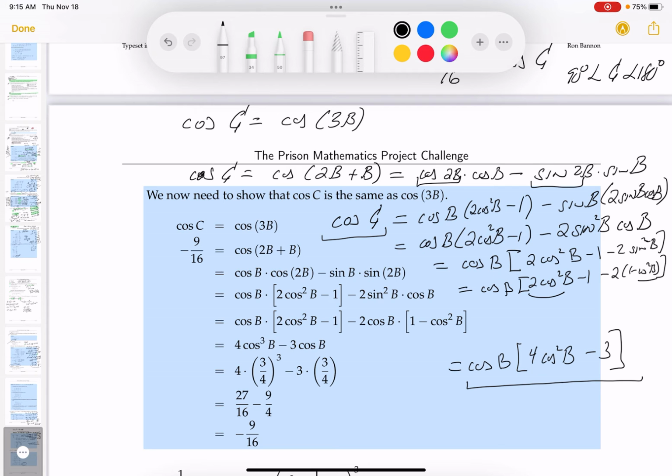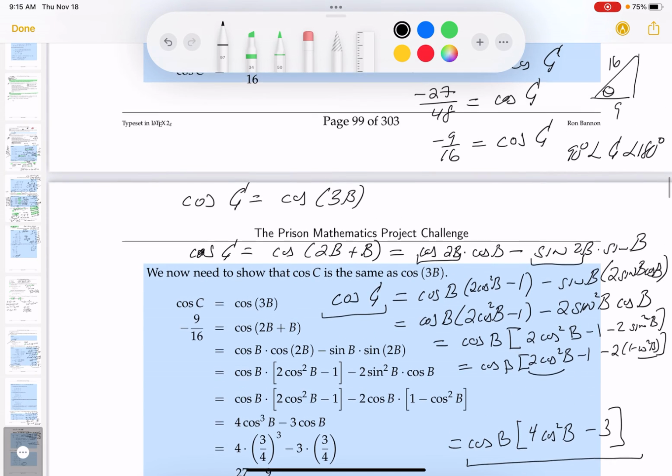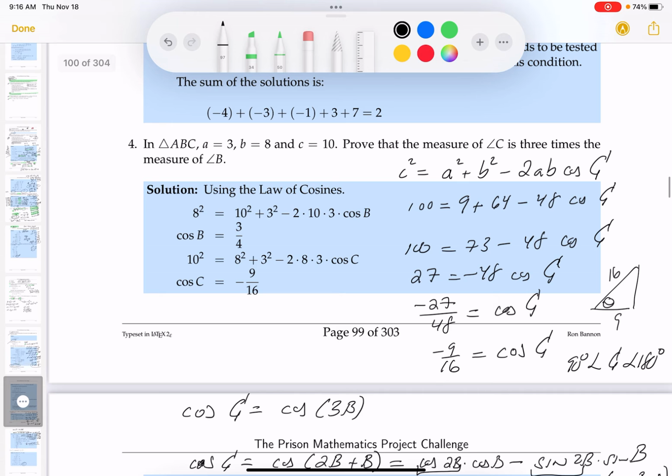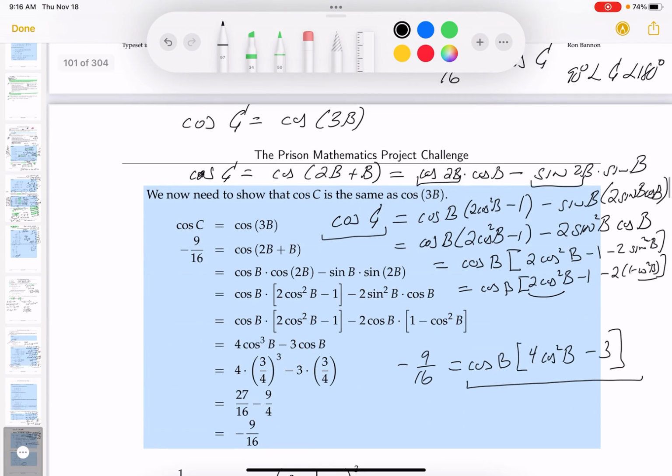And I got to do it. So do I know what cosine c is? I think we did that before, minus 9/16, right? But I didn't compute the cosine of b, by the way. All right, let me make sure I read this correctly. Prove the measure c is 3 times the measure of b. I think we're close. I just got to get b.